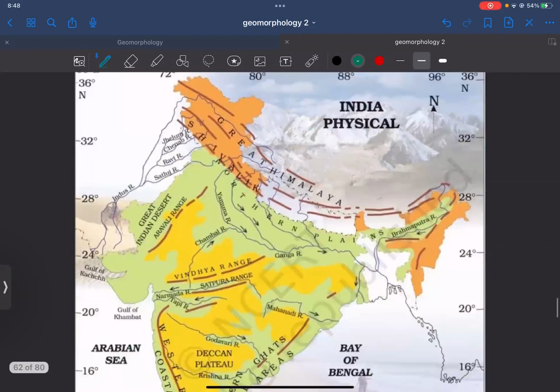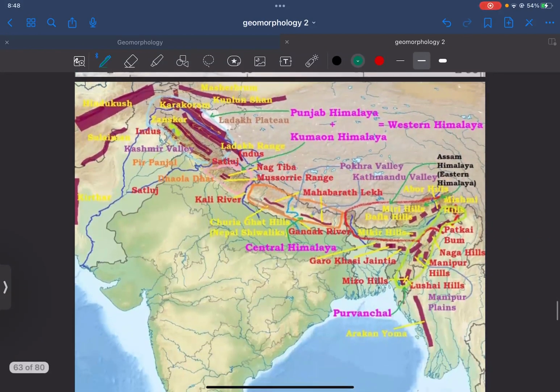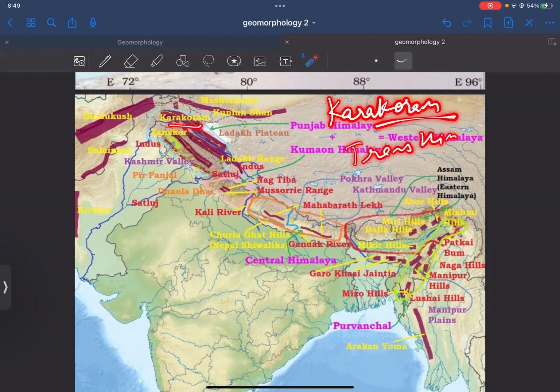Okay. Now let's start with the Himalaya mountain ranges that we need to remember. Don't be afraid, but we have to memorize them. Now see, in northernmost India we have one range, the Karakoram range. We actually classify the Himalayas into two: Trans-Himalaya and normal Himalayas.